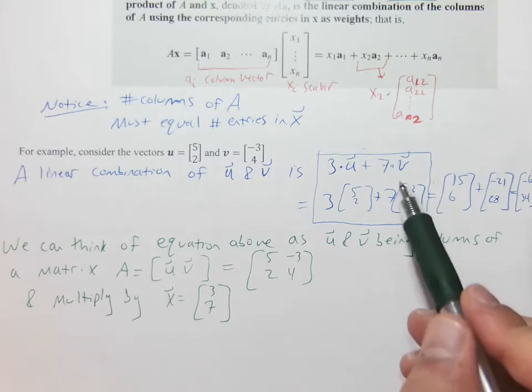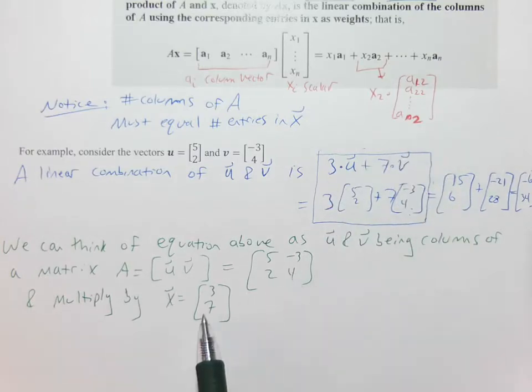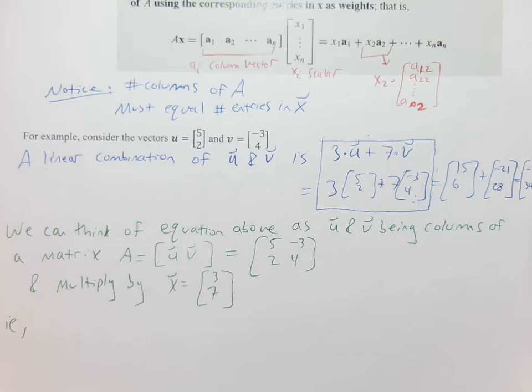In other words, let's rewrite this expression as this matrix times this vector would end up being that expression. Right? So in other words, A times X in this case with that A and that X would be this.